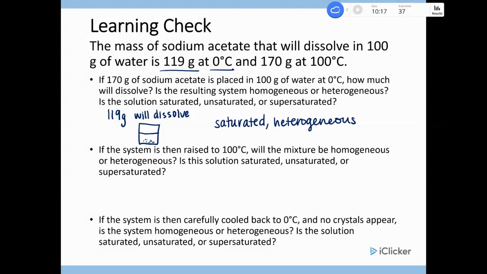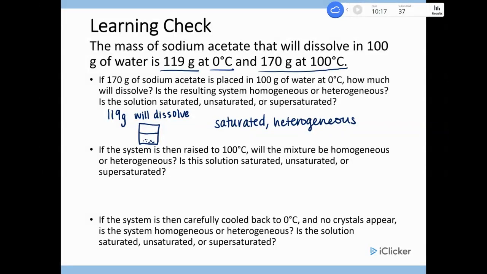Okay, so that's what we have first. We've added salt at 0 degrees, then raised the temperature of that solution to 100 degrees. Question is, will the mixture be homogeneous or heterogeneous? Is it saturated, unsaturated, or supersaturated? Well, if we have 170 grams of solid in 100 grams of water at 100 degrees Celsius, we've reached the saturation point at that new temperature.